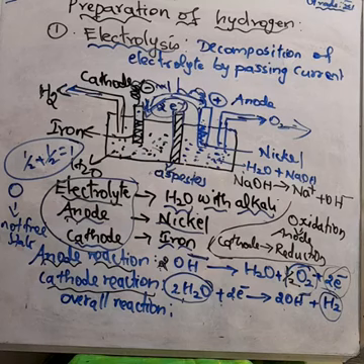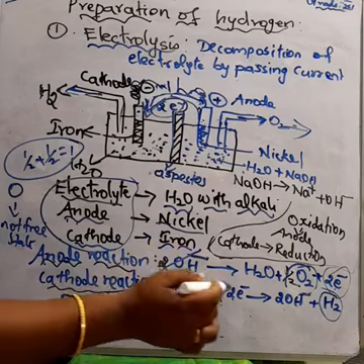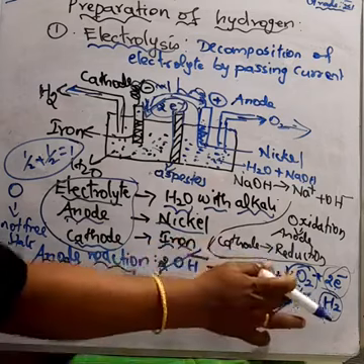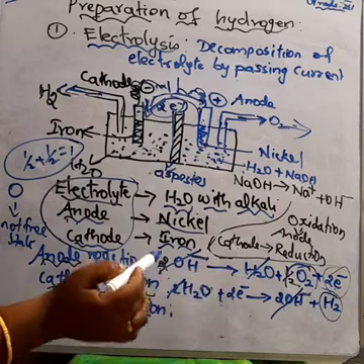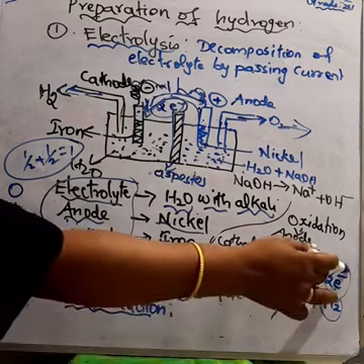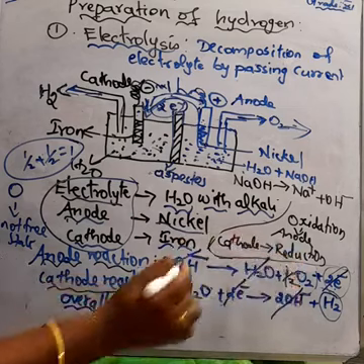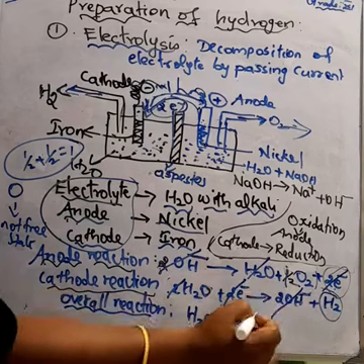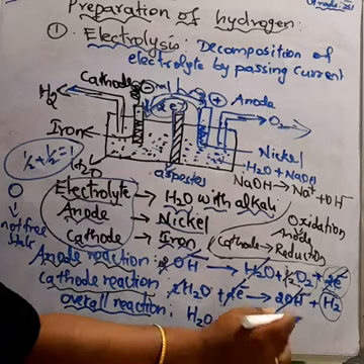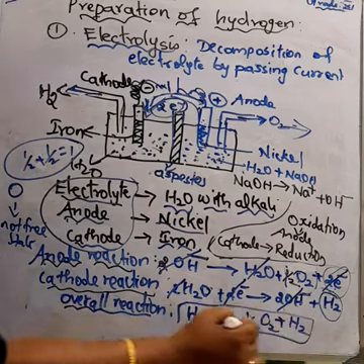What is the overall reaction? Here we have 2 OH minus on both sides, the same species on opposite sides, so we can cancel them. One H2O and one H2O cancel, with 1 H2O extra left, and the 2 electrons cancel. So the overall reaction is H2O giving hydrogen plus half oxygen. When water is electrolysed, we get hydrogen gas and oxygen gas.